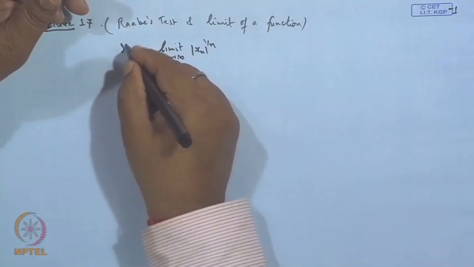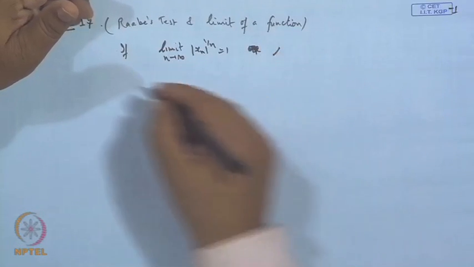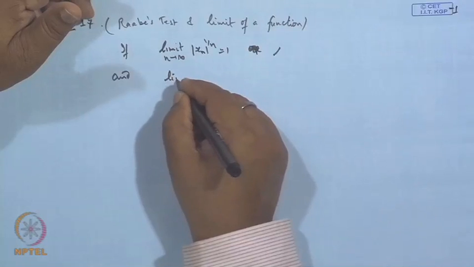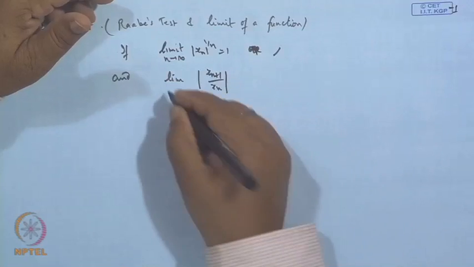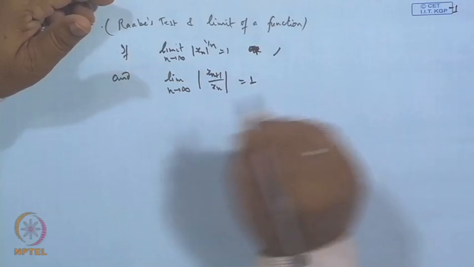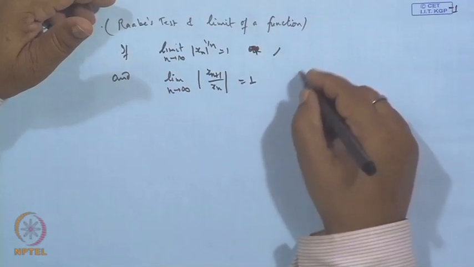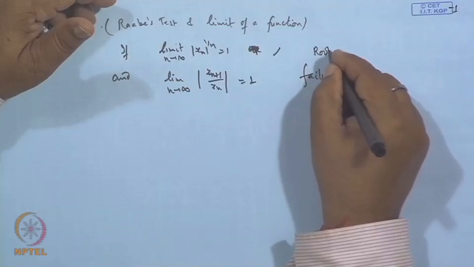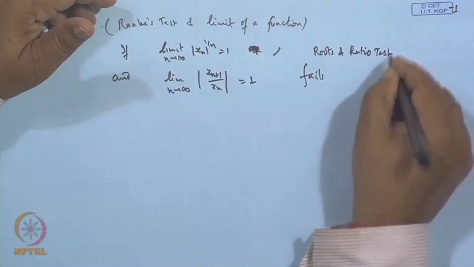When the limit of |x_n|^(1/n) as n tends to infinity comes out to be 1, and similarly the limit of |x_(n+1)/x_n|, the ratio test, as n tends to infinity comes out to be 1, then both the nth root test and the ratio test fail.